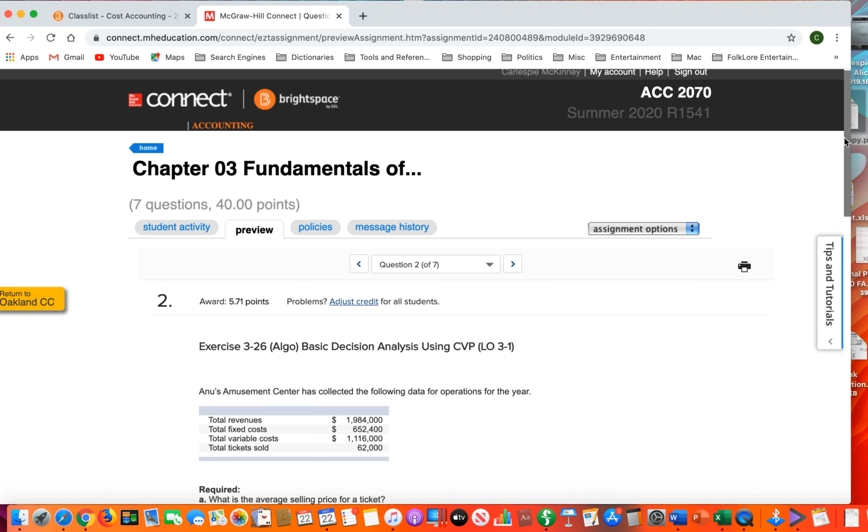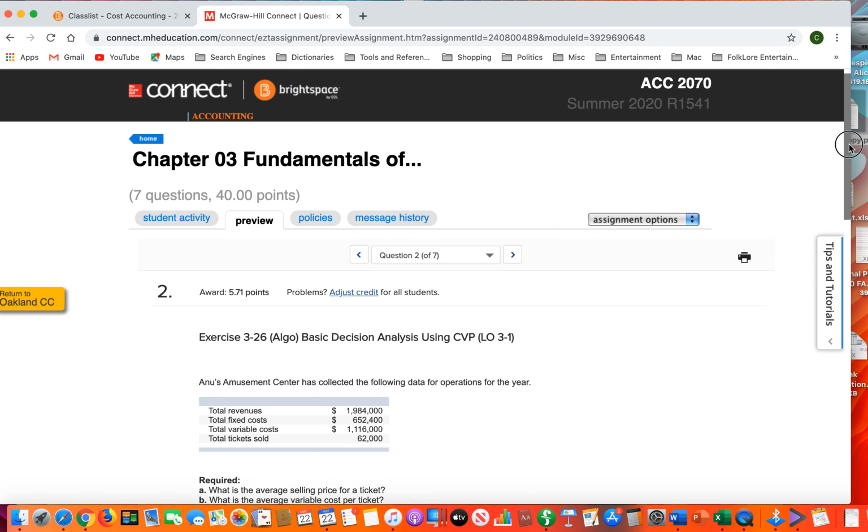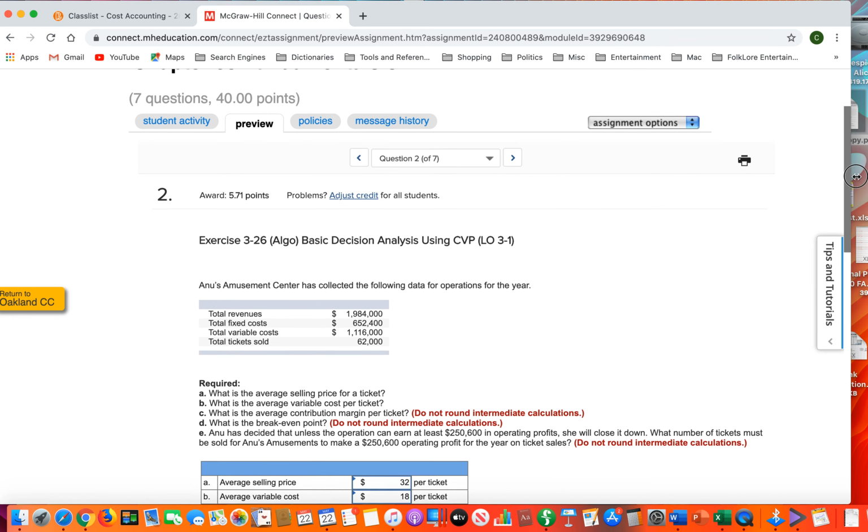Well, how do you figure that out? The average price? If the total revenues from ticket sales is 1,984,000, and you sell 62,000 tickets, divide one by the other, and you will get 32. So the average selling price for a ticket is $32, as you see here.